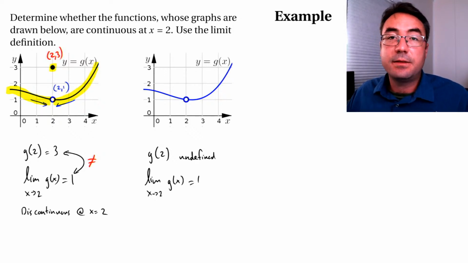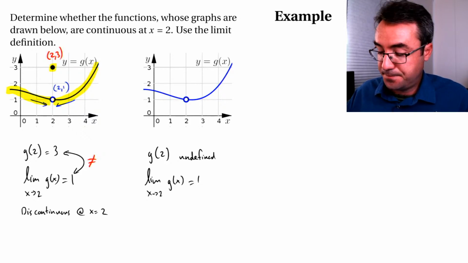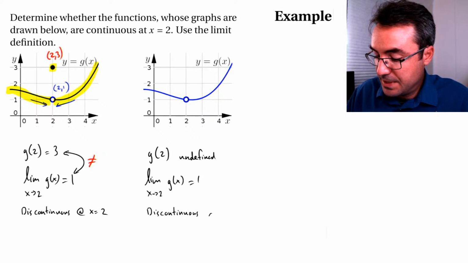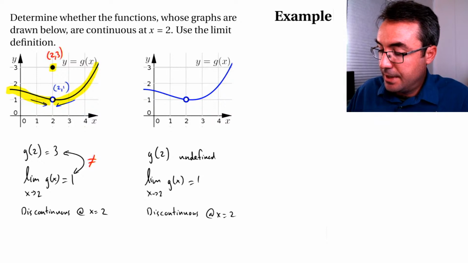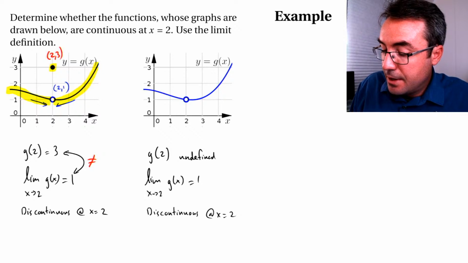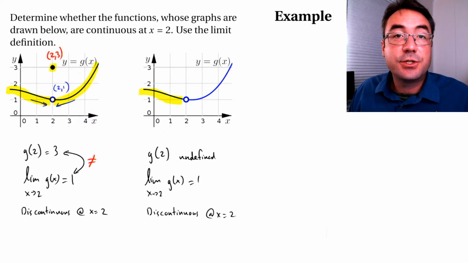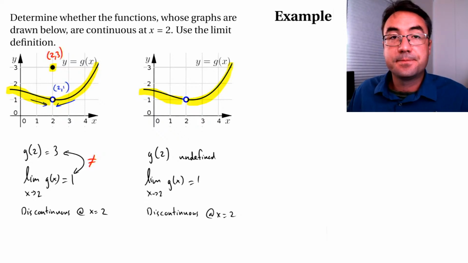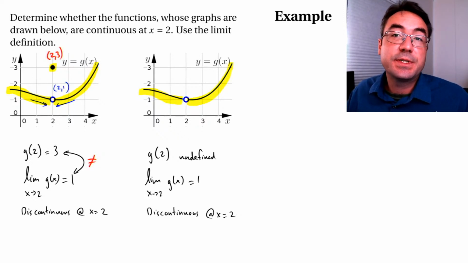So that automatically means our function is discontinuous. It's not continuous there. And again, if you imagine tracing over that graph, you have to take your pen off the page to jump over that little hole there and keep going. So it's discontinuous at x equals 2.